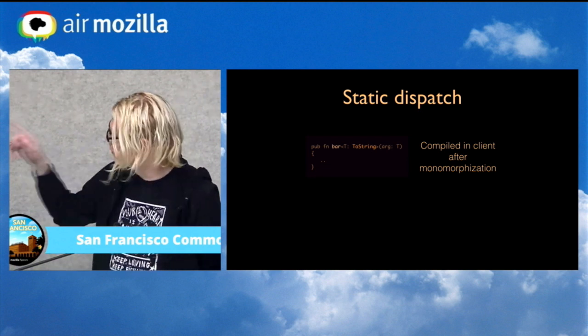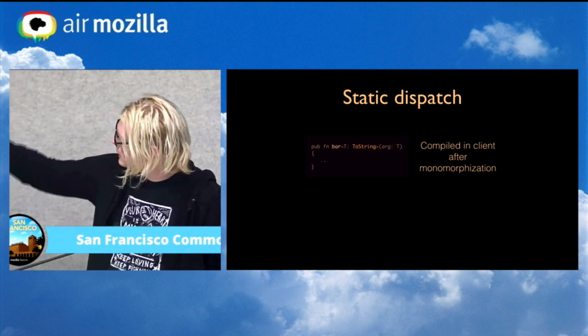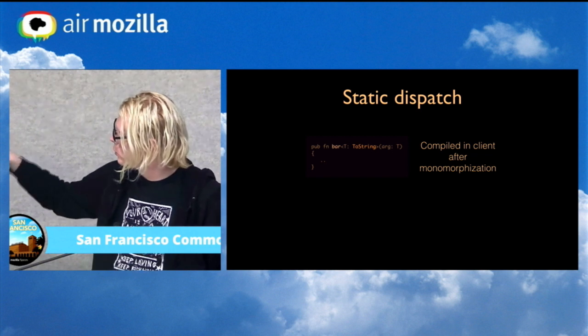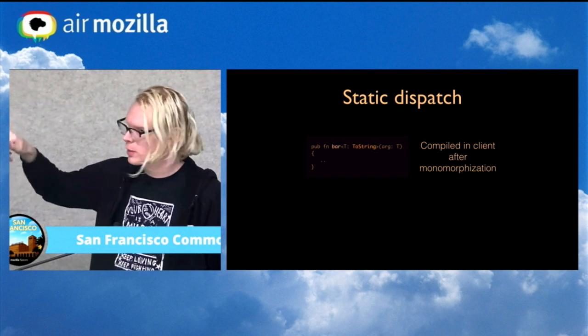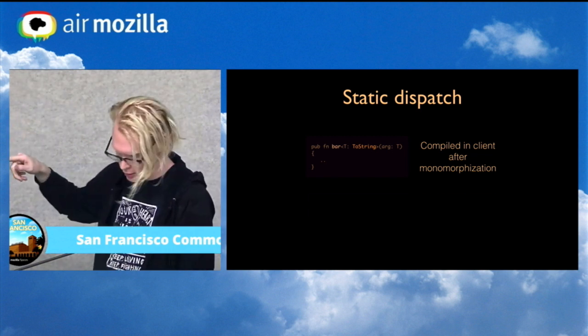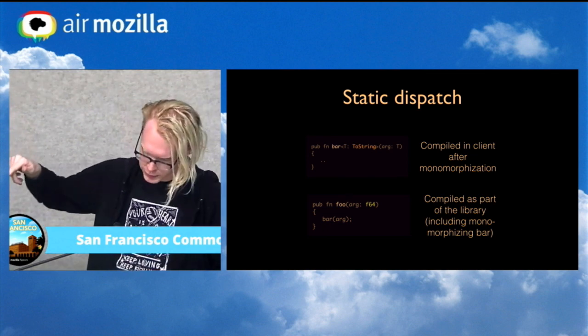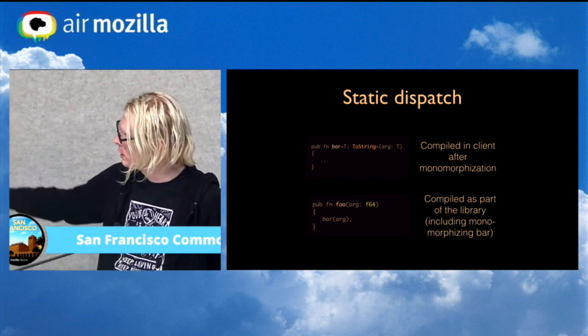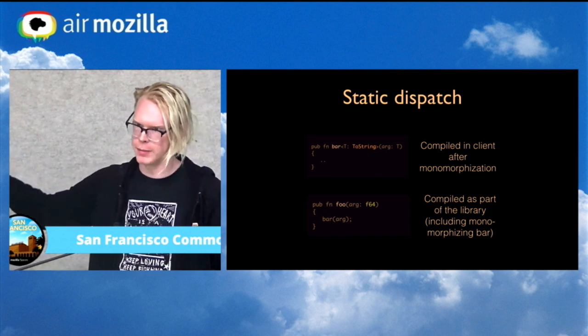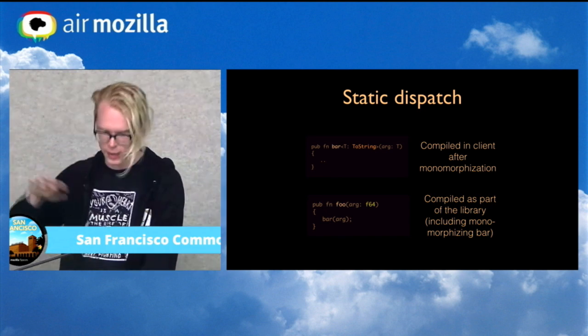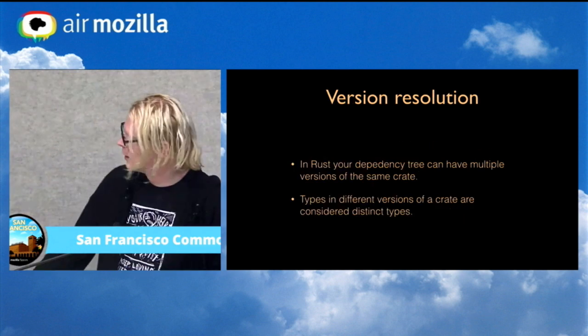Just to put a point on it, this bar function, if it's in a library, won't be compiled with the library, it'll be compiled later. But this foo function will be compiled with the library, including a monomorphization of that bar function. And why I explain this will make sense later.